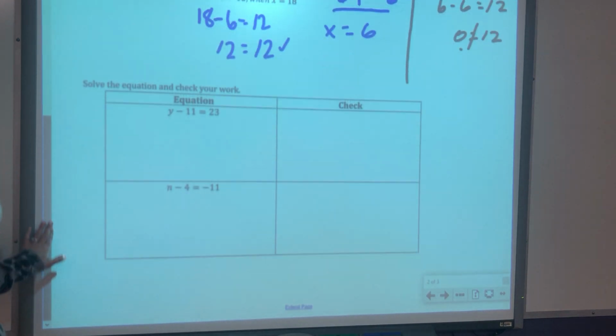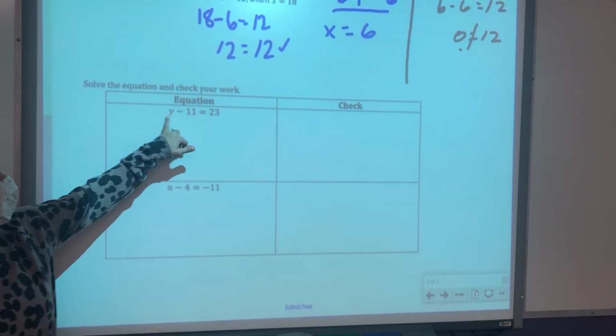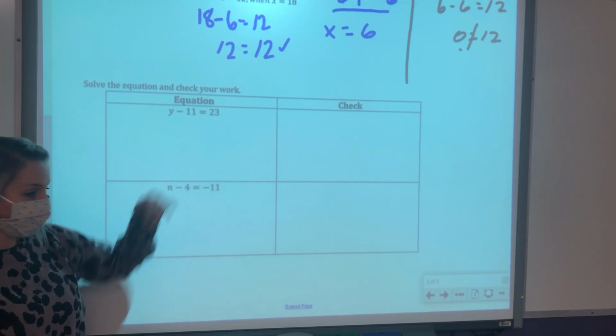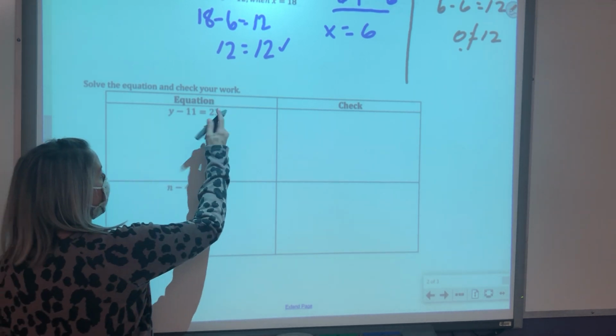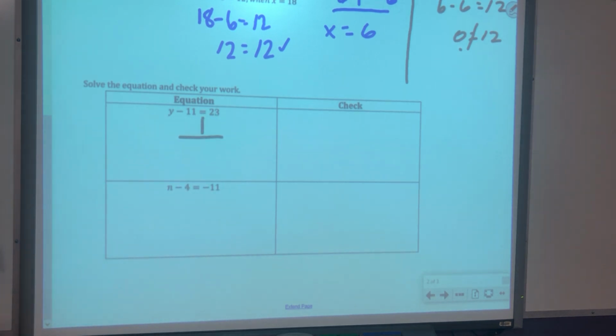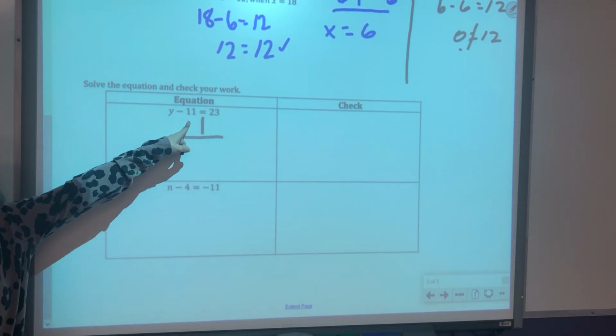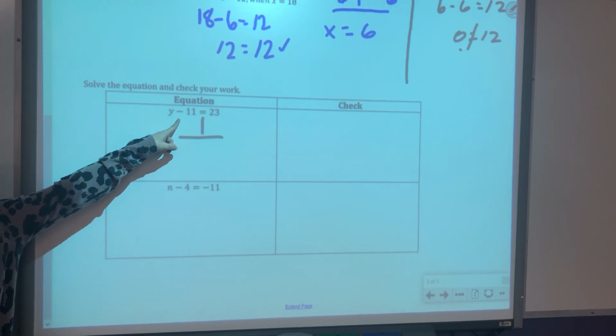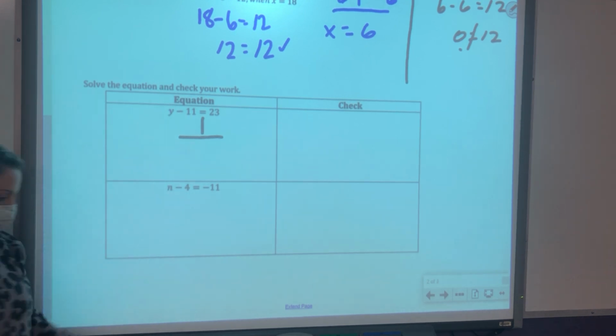All right, so here's our equation. y minus 11 equals 23. Upside down T. y is being subtracted by 11. So the inverse of subtracting 11 is adding 11.